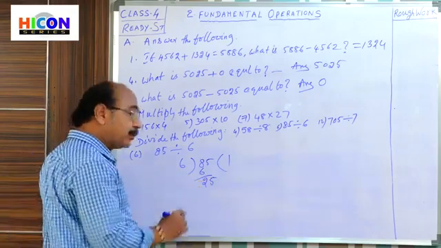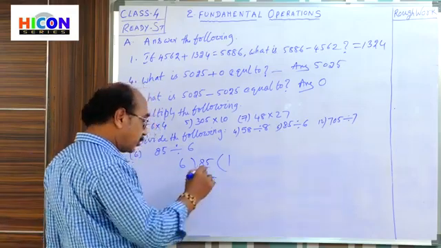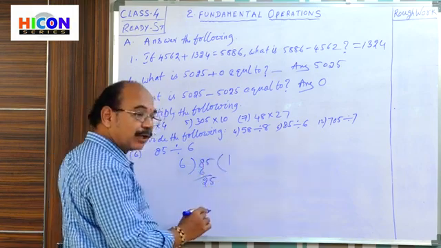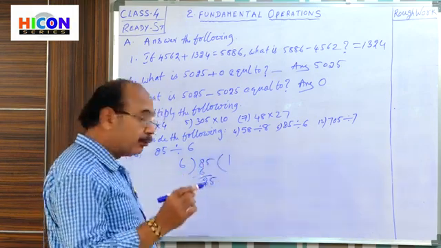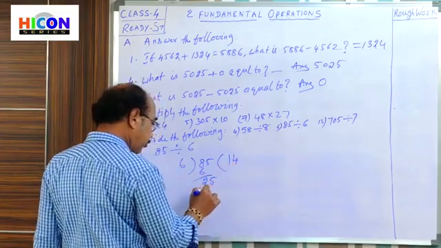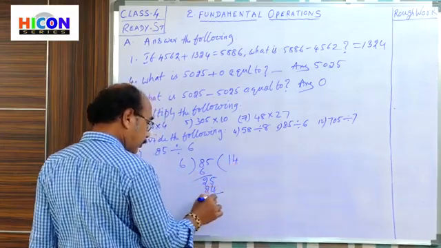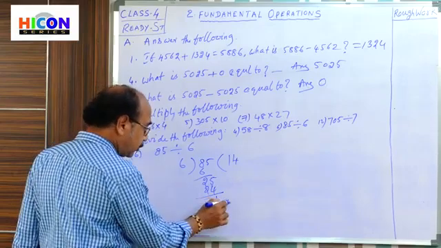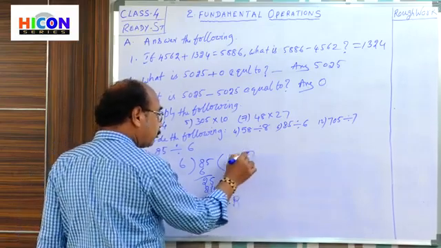So 25. Now read the 6 table. 6 3s are 18, 6 4s are 24, 6 5s are 30 more. So here 6 4s are 24. Remainder is 1. This is the remainder. This is the quotient.